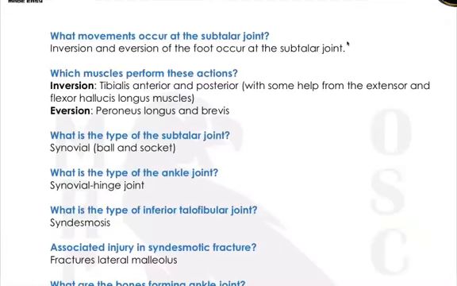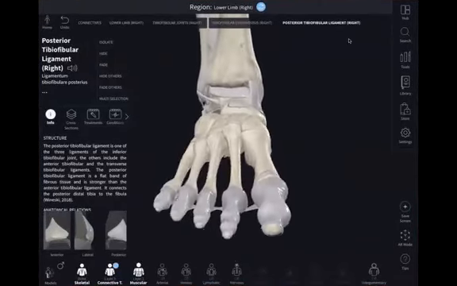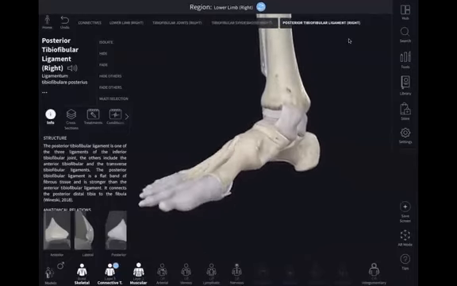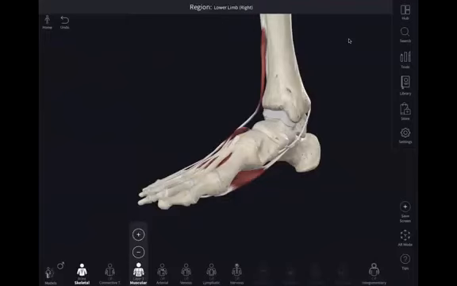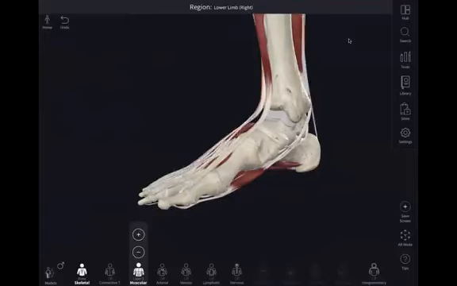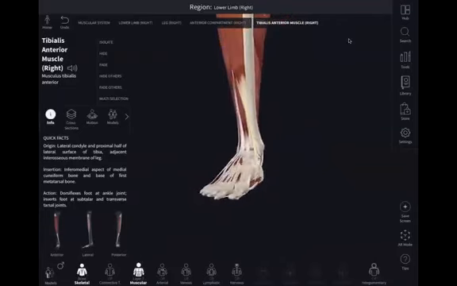What muscles perform the action of inversion and eversion? Let's see in the muscles. Can anyone tell me which muscles cause inversion? Tibialis anterior and posterior. So this is the tibialis anterior.